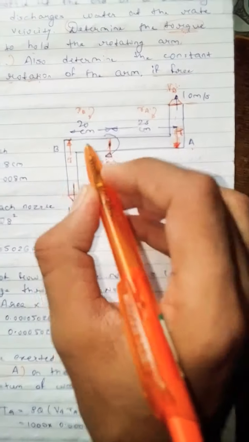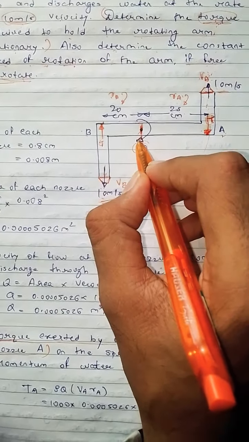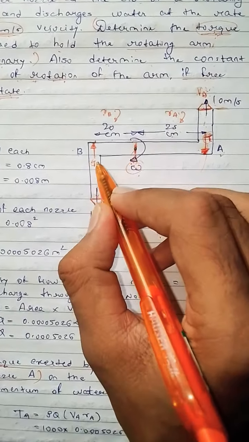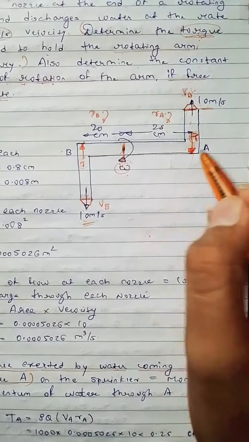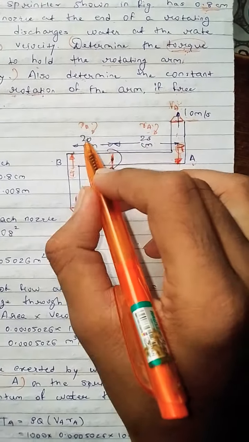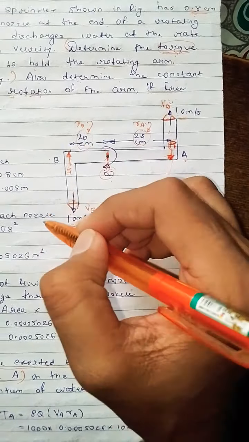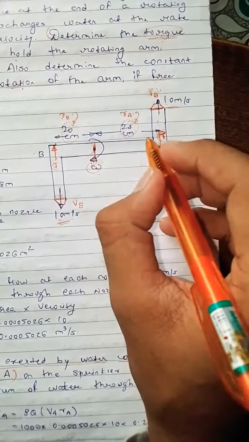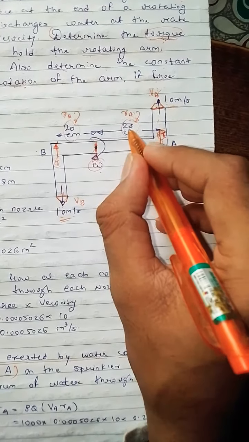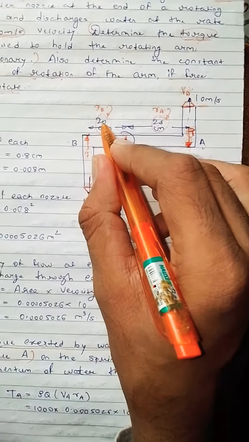Our aim is to find the direction of omega, or the rotation direction. Our aim is to find which torque, which rotation, is bigger. It depends upon the value of RA, whether this value is greater or this value is greater. If we consider A, T into RA is obviously greater than T into 20.